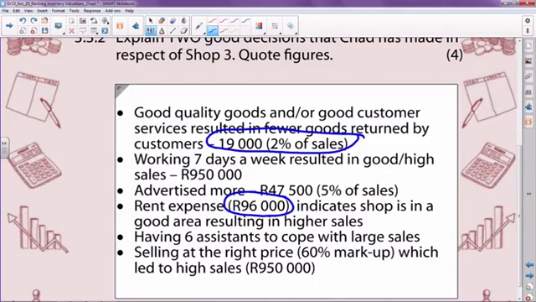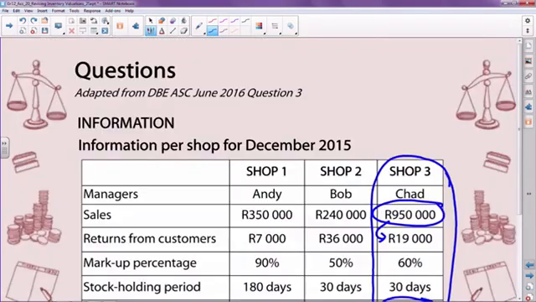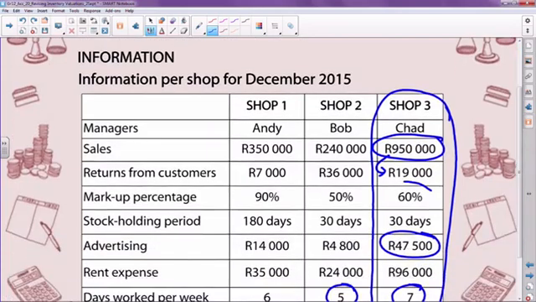You're using a markup of 60%, which led to the high sales of 950,000. Let's identify that. There goes. 60% obviously seems to be the right percentage to use. Why? It's resulting in sales of 950,000.